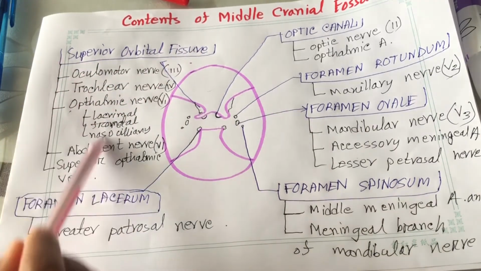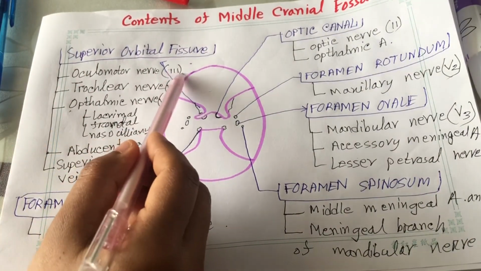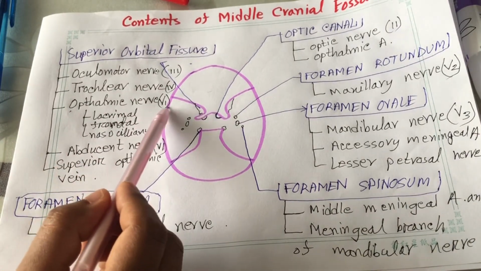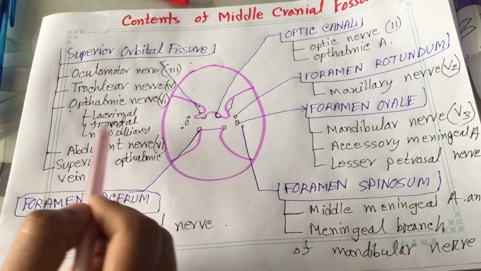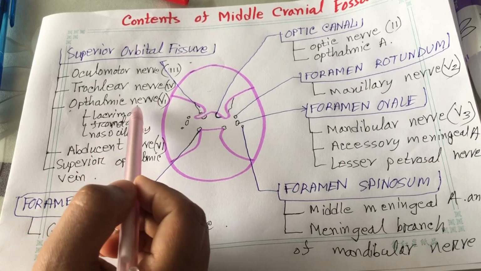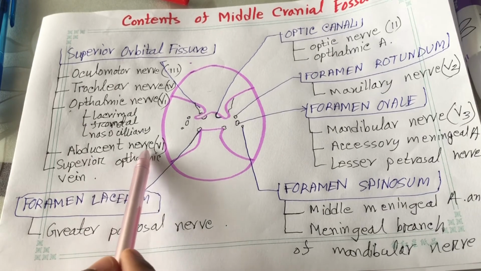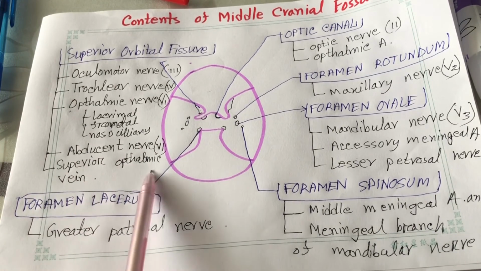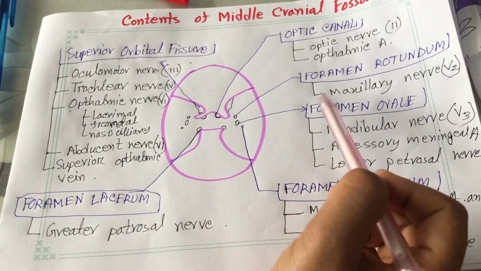Now contents of superior orbital fissure: oculomotor nerve or third cranial nerve, trochlear nerve or fourth cranial nerve, ophthalmic nerve, lacrimal, frontal and nasociliary branches of ophthalmic nerve, and ophthalmic nerve itself is a branch of the trigeminal nerve. Then abducent nerve or sixth cranial nerve, then superior ophthalmic vein.